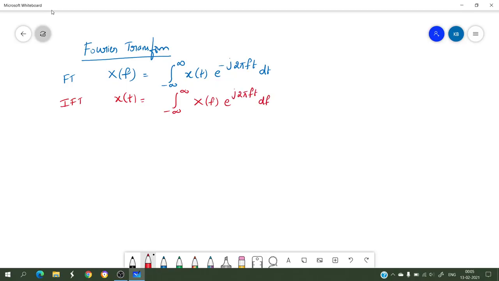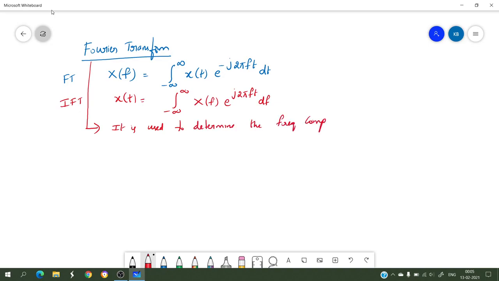And what is the application of this Fourier transform? The main application of the Fourier transform is that it is used to determine the frequency components present in any signal.